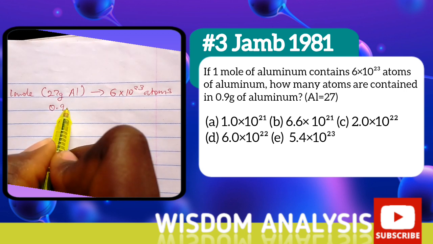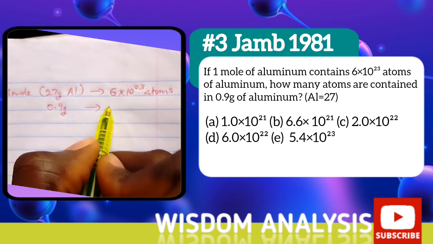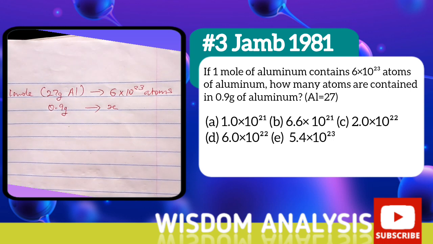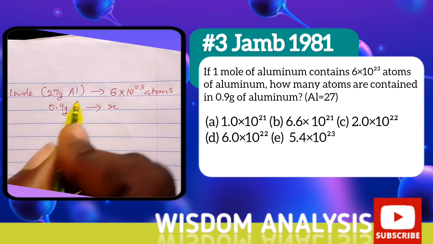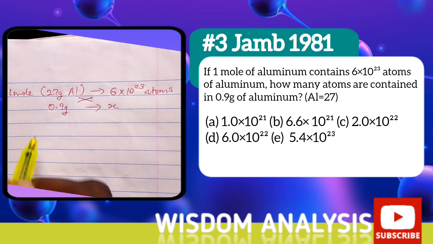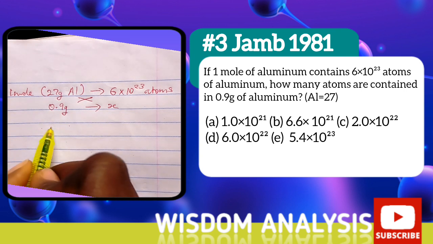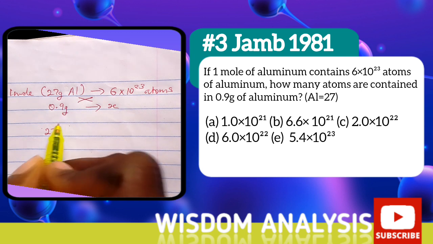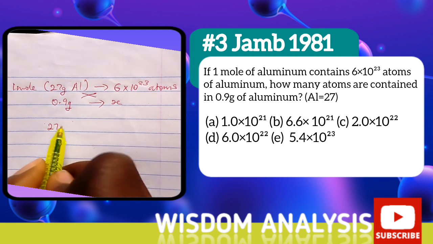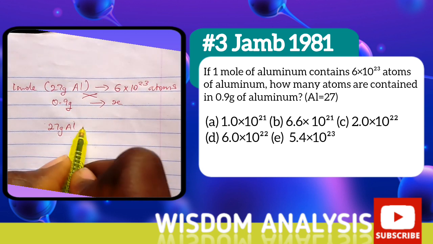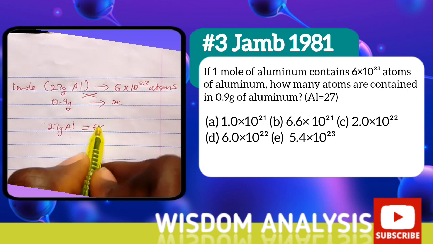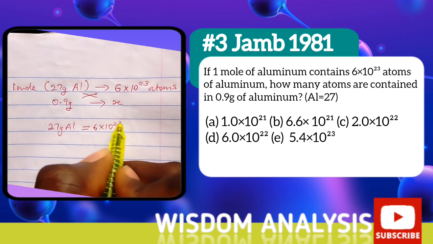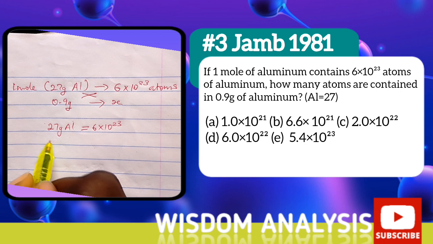So 0.9 gram of aluminium will give us what? We use the normal cross multiplication method. 27 gram of aluminium gave 6 times 10 raised to the power of 23 atoms.